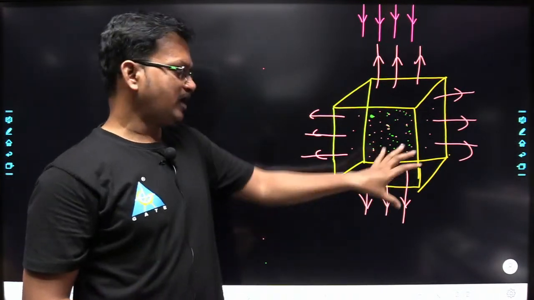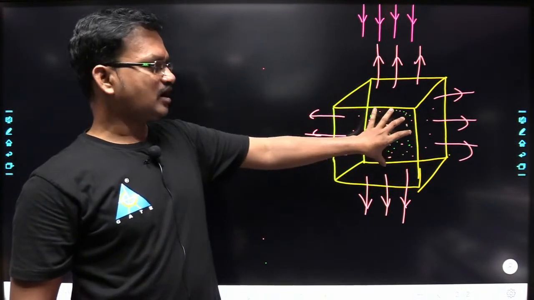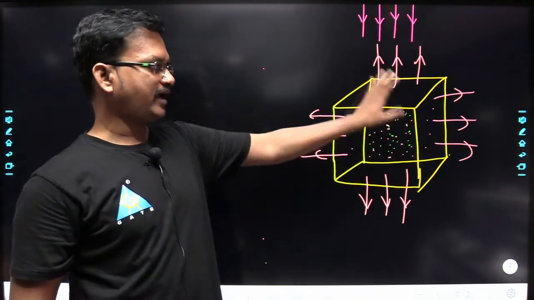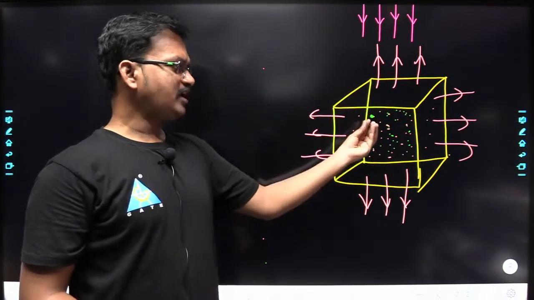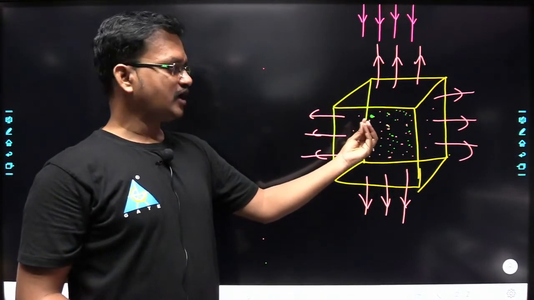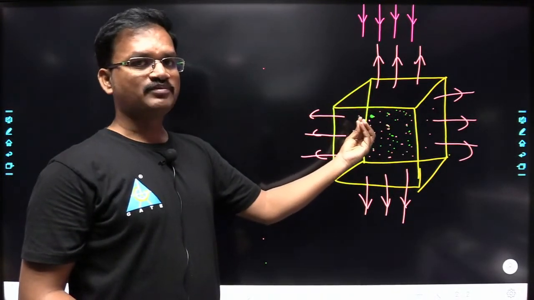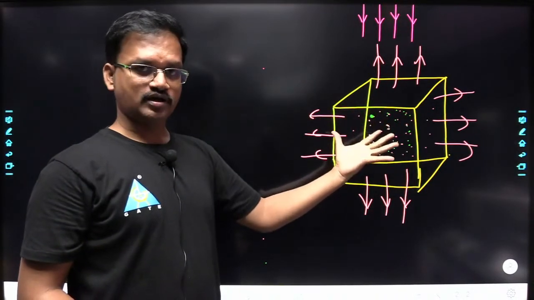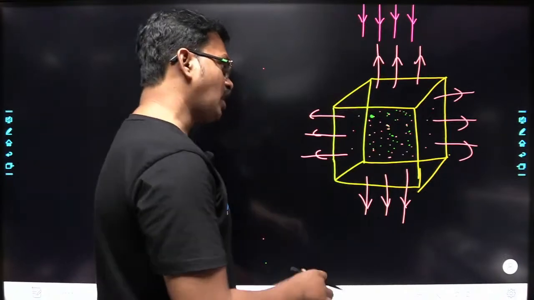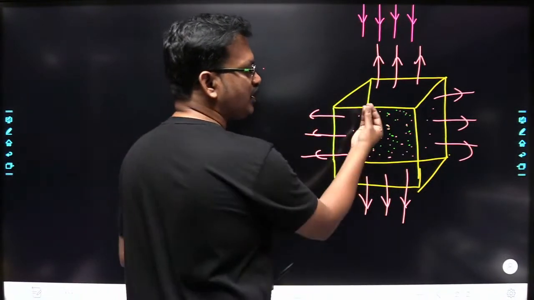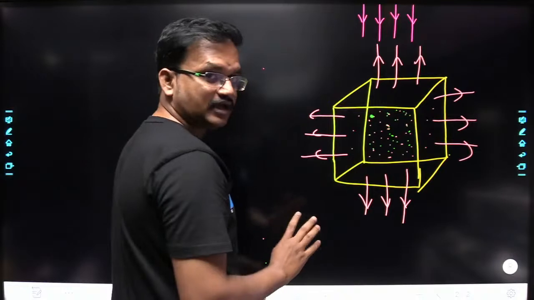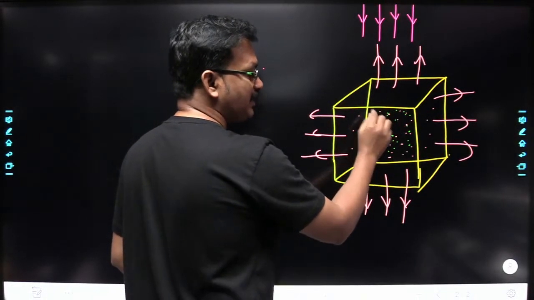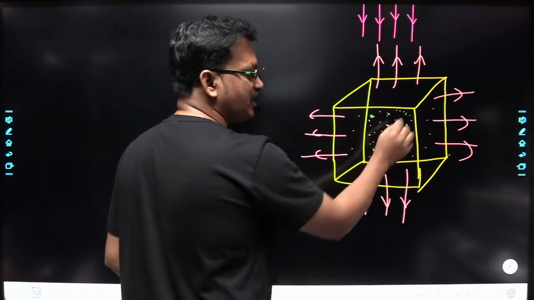Now here you have many sources within the closed surface, that is, within the volume enclosed by this closed surface. From each and every source some field is going to leave. So if you want to measure how much of the field is leaving from each and every point, you have to calculate the divergence at each and every point.